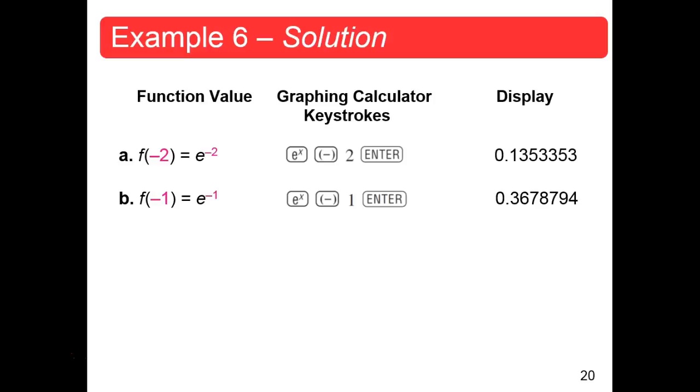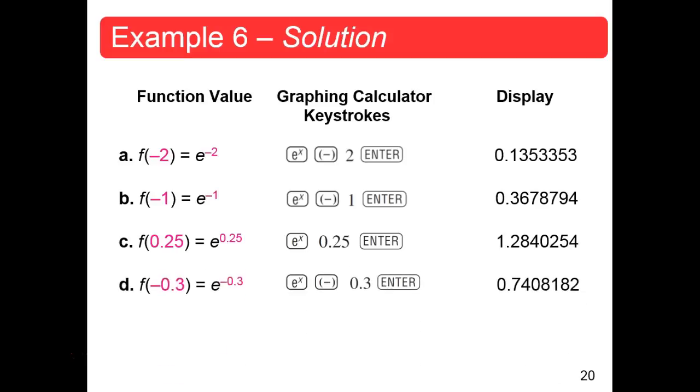Then alpha, the 0.25, it's greater than 0, so the answer is going to be greater than 1. And then something slightly less than 0 is going to be closer to 0, but still less than 1. Make sense? Get them all?